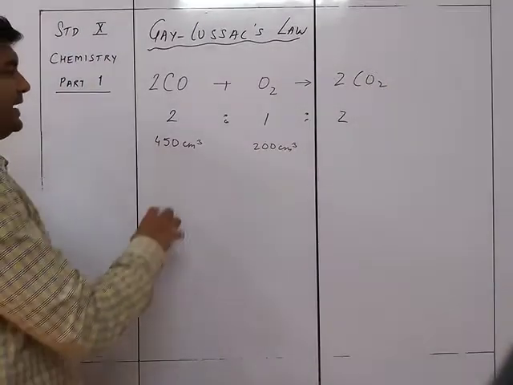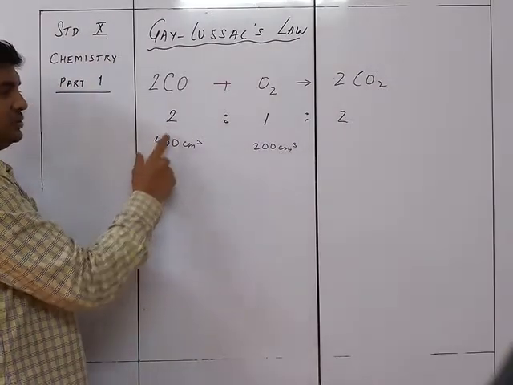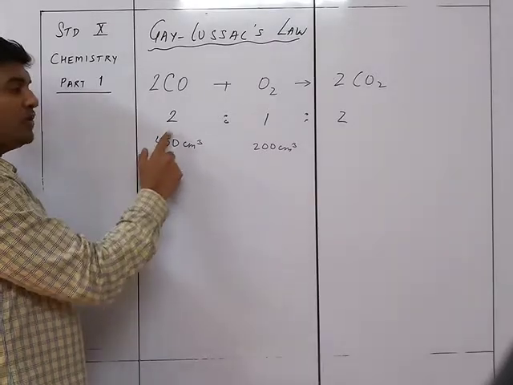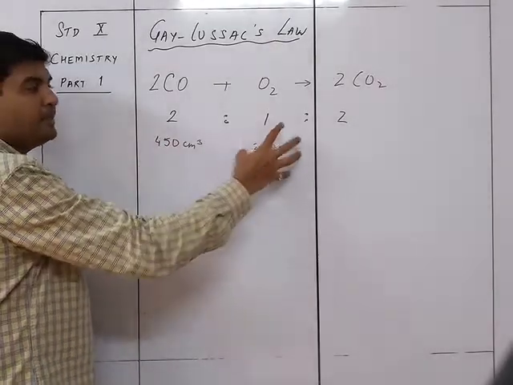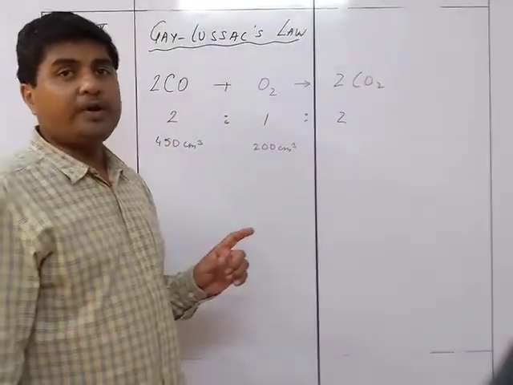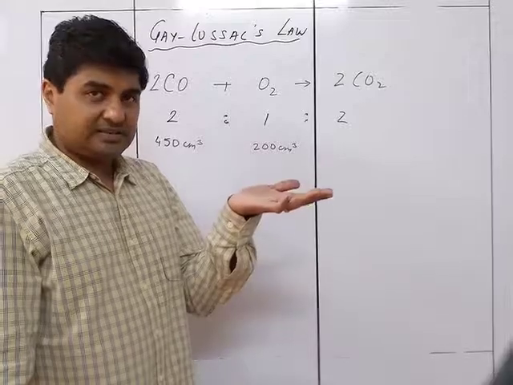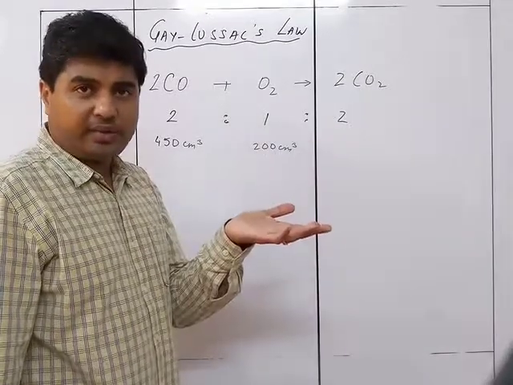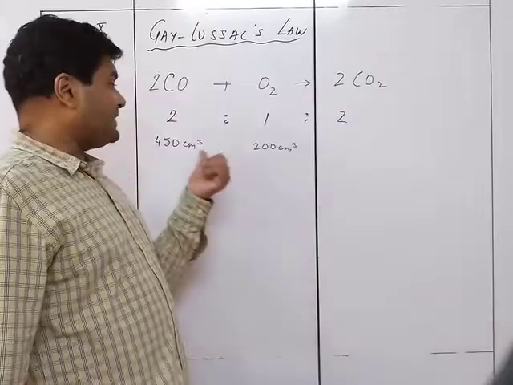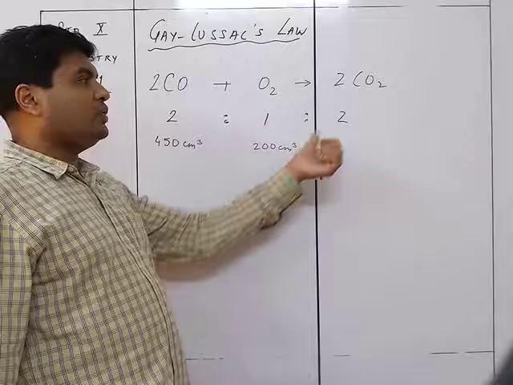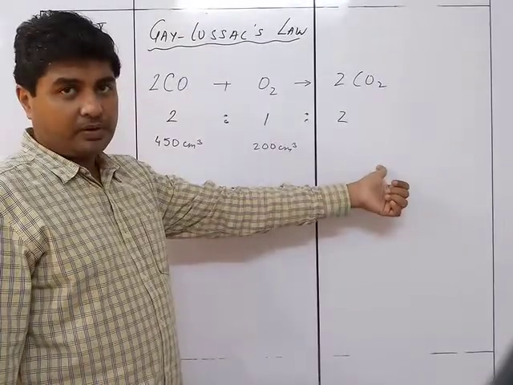Now if I take 2x as 450, then x will be 225, but I do not have that much oxygen with me. It's very important which you take as the base. The base will be the one which is lesser in quantity, because if you take the one which is more, you do not have sufficient oxygen to form that much carbon dioxide.